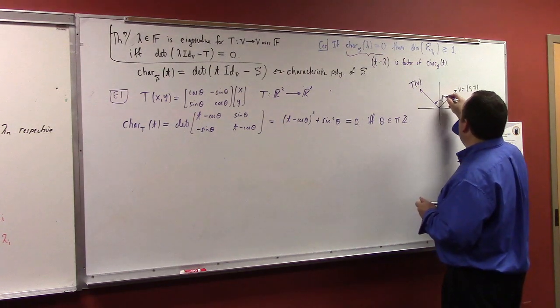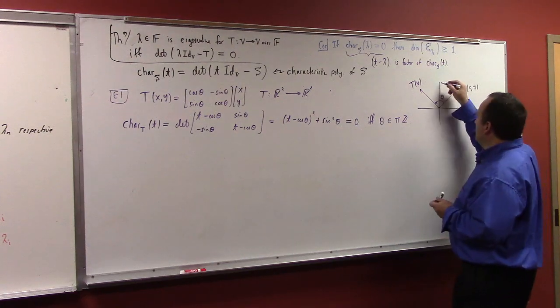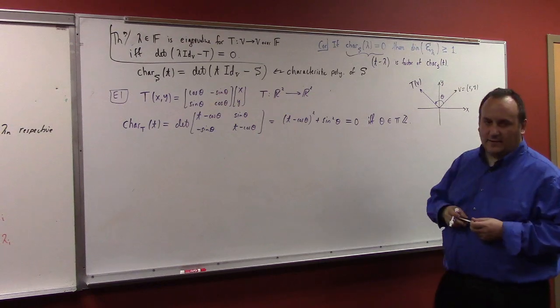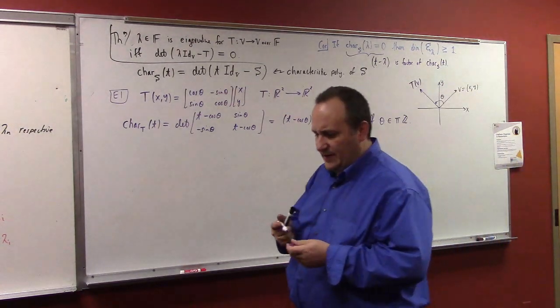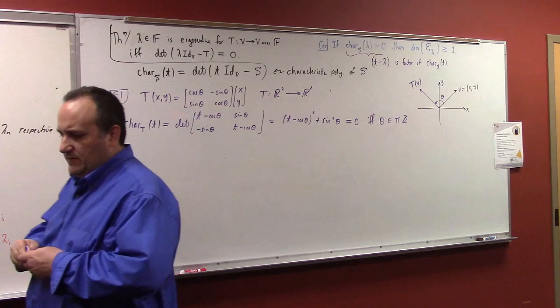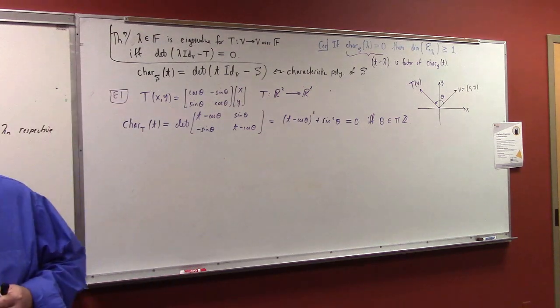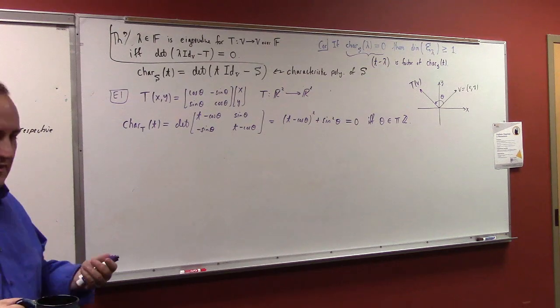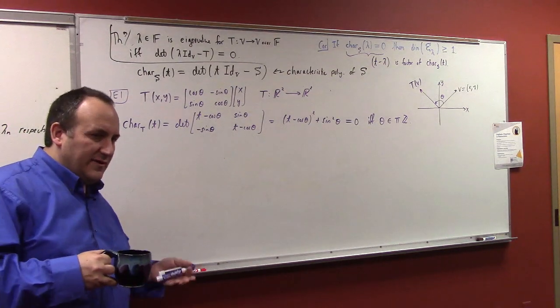You're rotating by angle theta. So think about that. Can that be an eigenvector? An eigenvector is a vector that when you feed it into the mapping, it comes back as simply a scalar multiple of the input. It's kind of like a fixed point. It's not quite a fixed point.